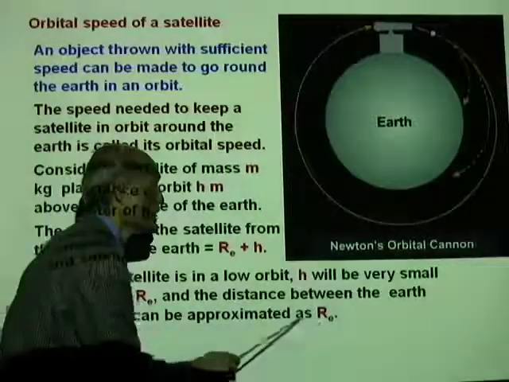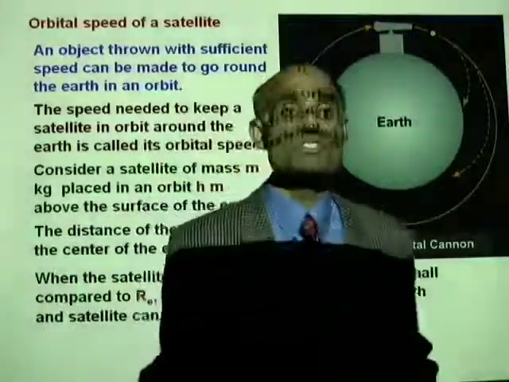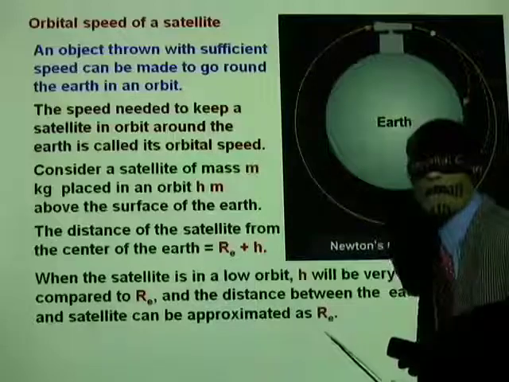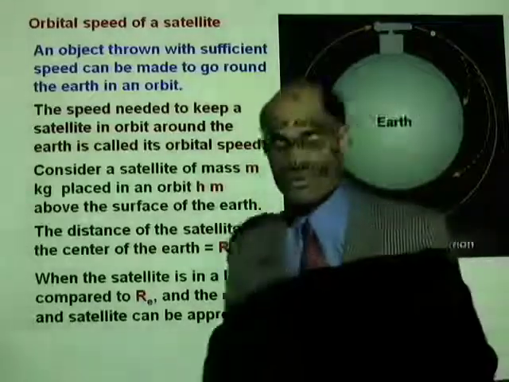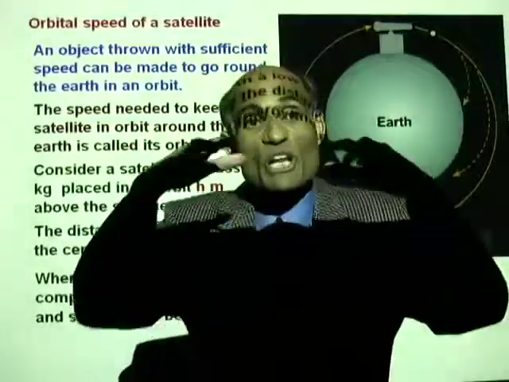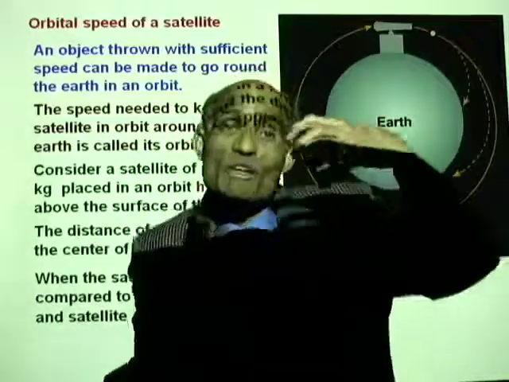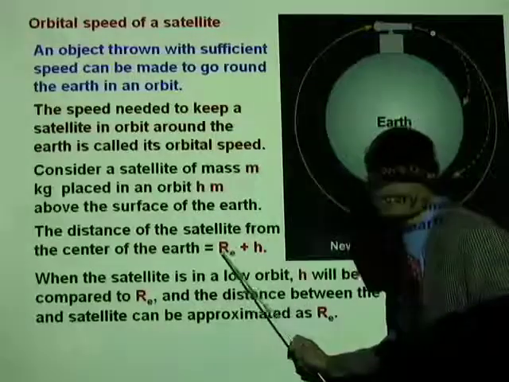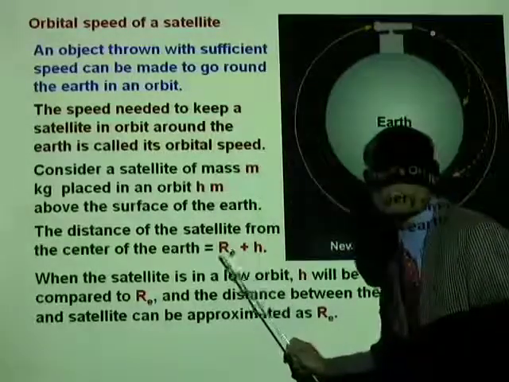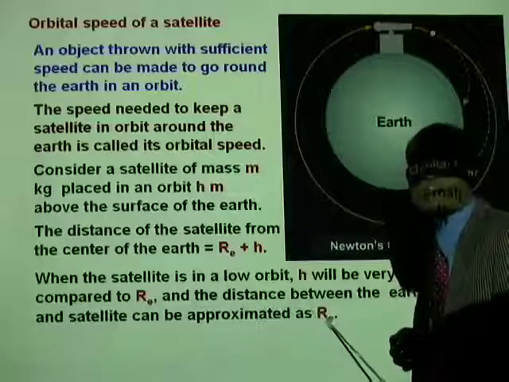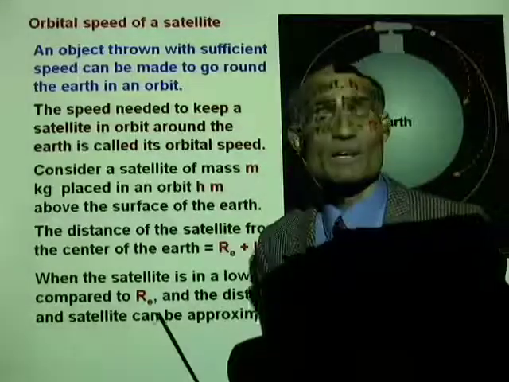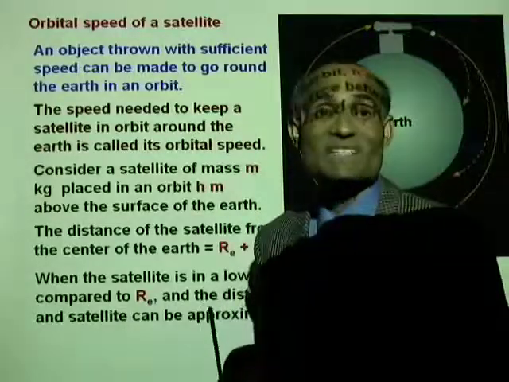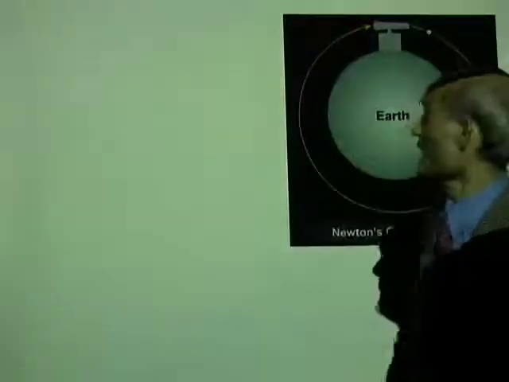And therefore, we are now going to say the distance of that satellite from the center of the Earth will be RE. That means when the satellite is placed at a low orbit, not very far from the Earth, the distance RE plus h can be approximated as RE, because compared to the radius of the Earth, the altitude of that satellite is very small.